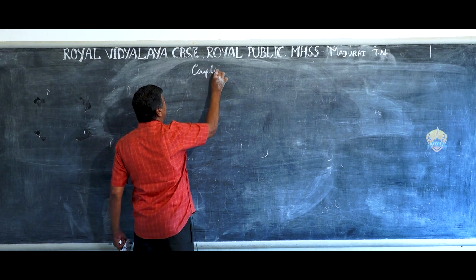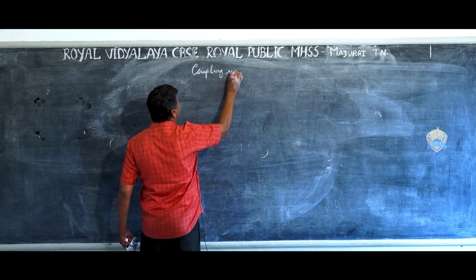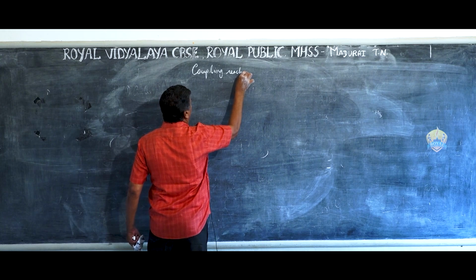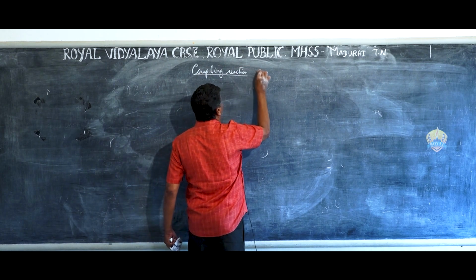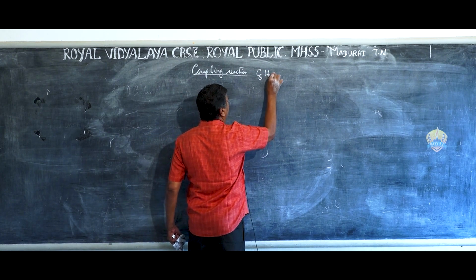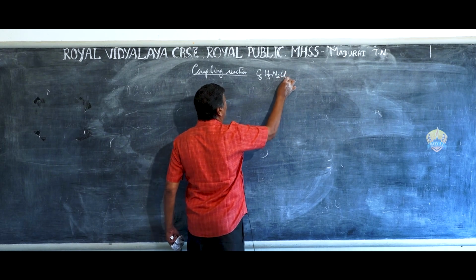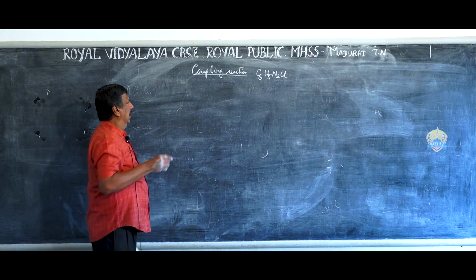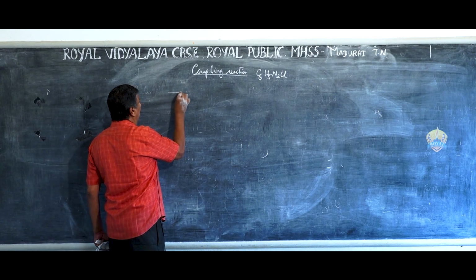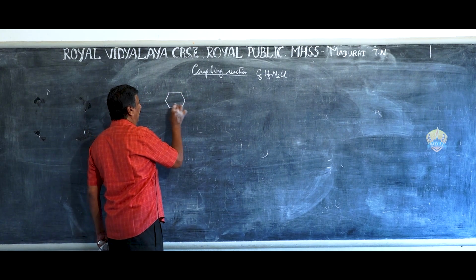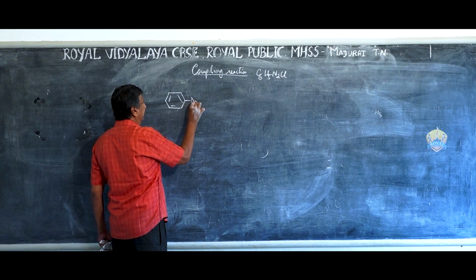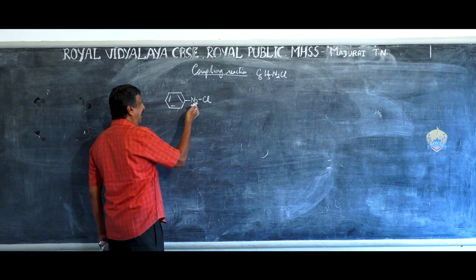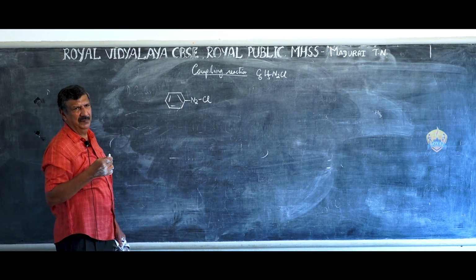When anybody says coupling reaction, what should I think about it? Benzene diazonium chloride will be common. Then how will you write it? You write benzene diazonium chloride like this. The double bond is not necessary.